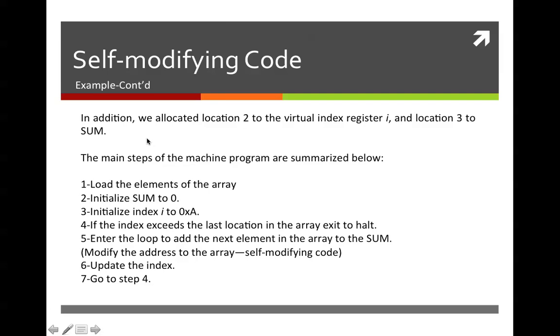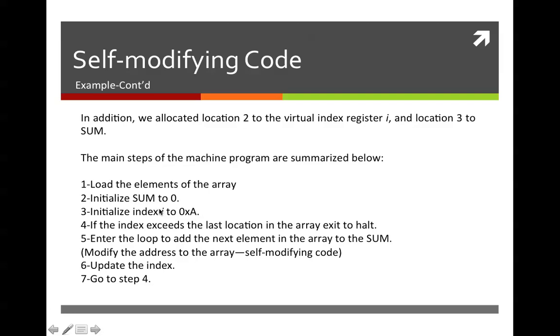So now these steps just summarize our algorithm, the program that we want to write. The first step is to load the elements of the array into memory. The second step will be to initialize the sum to 0, so we could start with 0 instead of some arbitrary number.